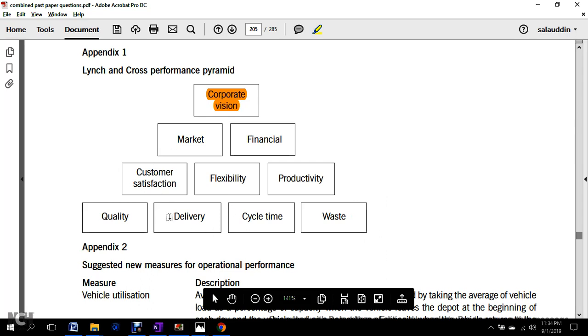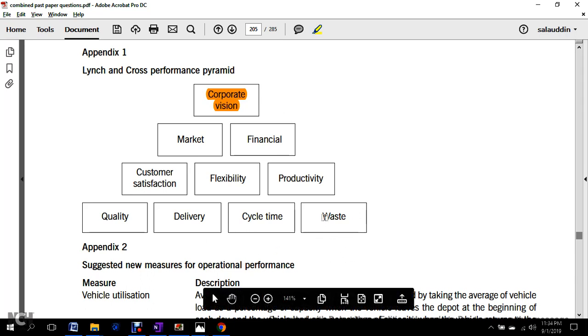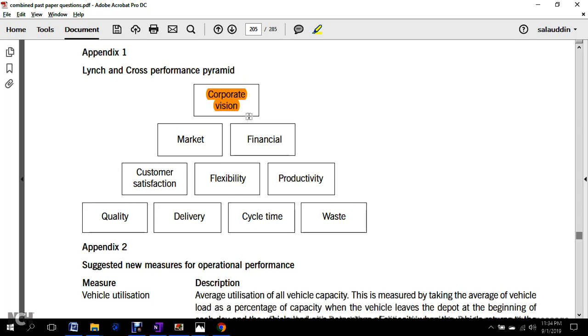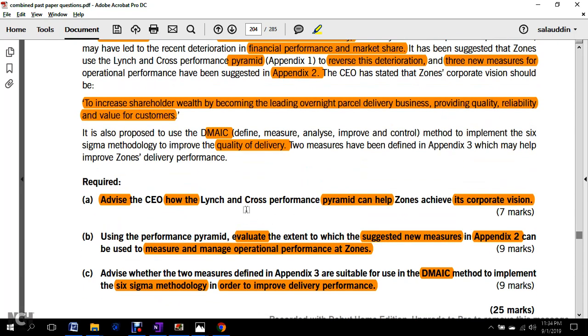Customer satisfaction is an external effectiveness of the business, which will help to achieve the ultimate vision, and measures such as on-time stops are a measure of flexibility or productivity, which will help in achieving the corporate vision. So we can say that the pyramid is important and relevant for the organization in many aspects. So we will say all these things. That's all.